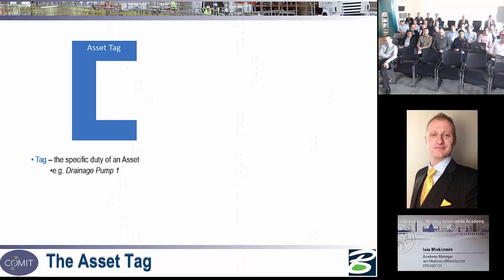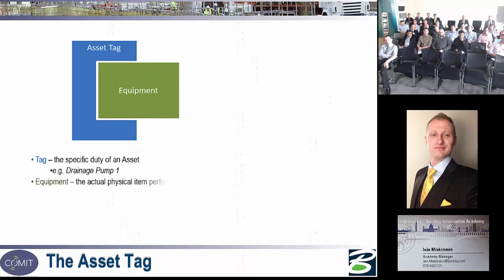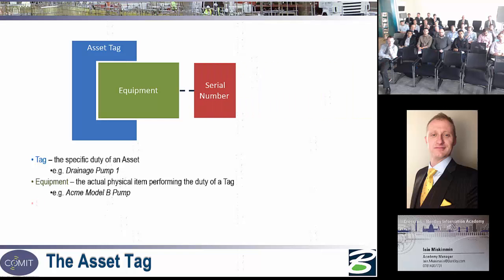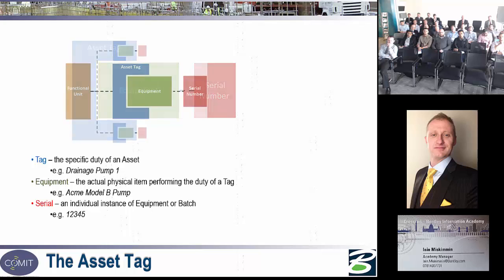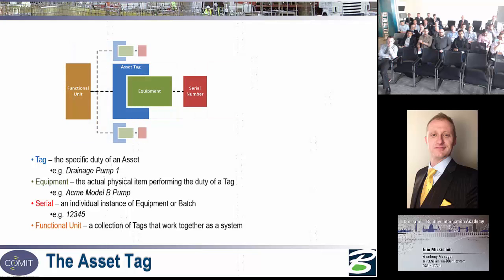So the asset tag is the specific duty of an asset. Then we have the equipment that carries out the duty. That might have a serial number. And that asset tag might actually be many assets that create a functional group. So that's the bridge, which has its own tag, and then you've got the piers, the decks, the piles, the whatever it is, the wing walls within there.